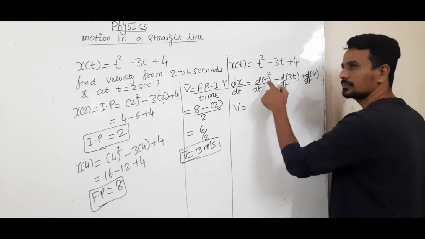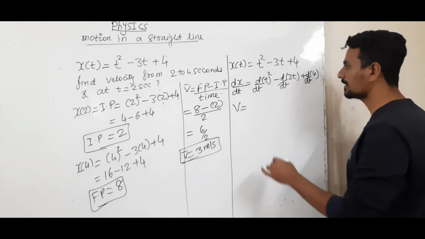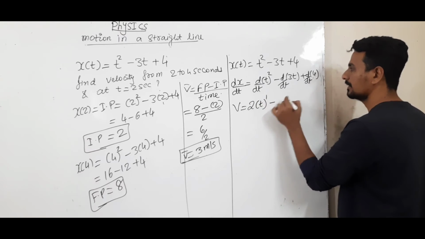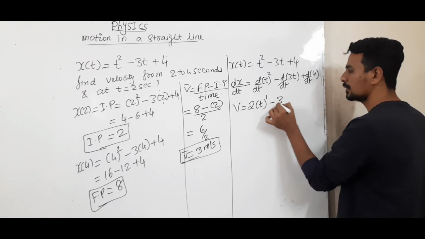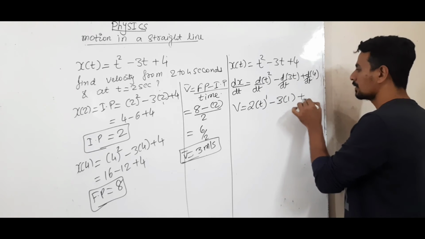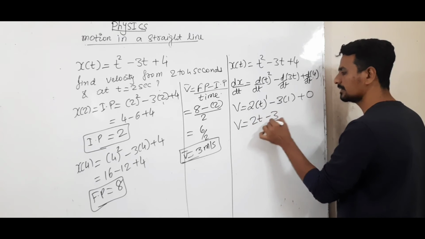This is how we'll do the differentiation. Velocity equals to, use the formula x raised to n: it will be n times x raised to n minus 1. So that is 2 times t raised to 2 minus 1, minus 3 will come outside. d by dt of t is 1, constant 0. So velocity is 2t minus 3.